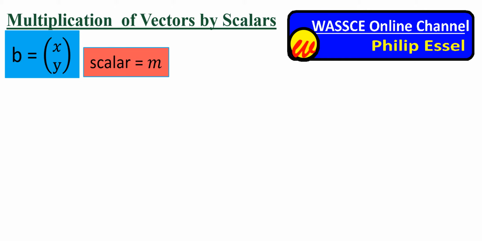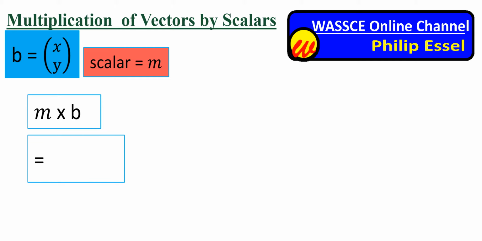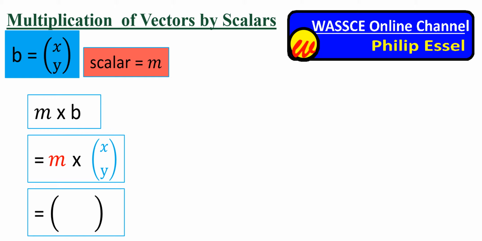Here we would assume our scalar is the letter m. We are to find m times the vector b. That will be equal to the scalar m times the vector b.